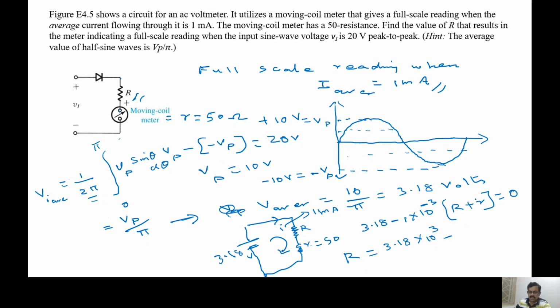Then the small r goes to the other side, 50 ohms, and you will get 3.13 into 10 power 3 ohms, or simply 3.13 kilo ohms. This is the answer.